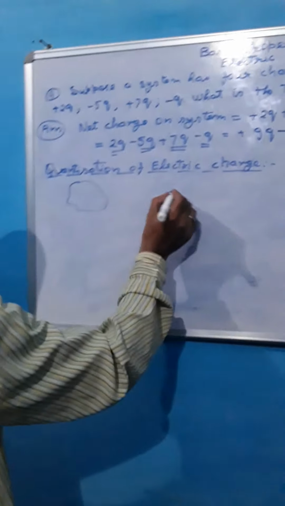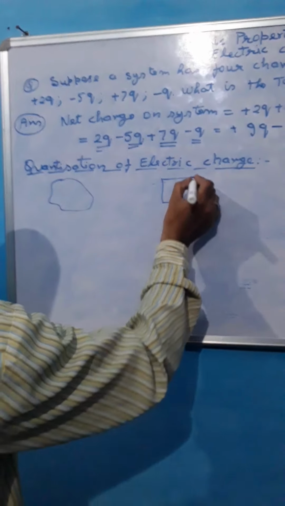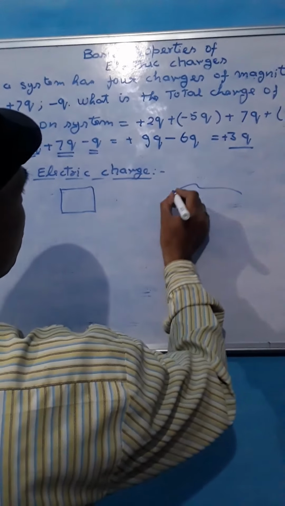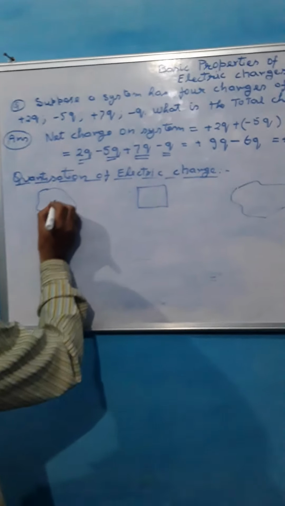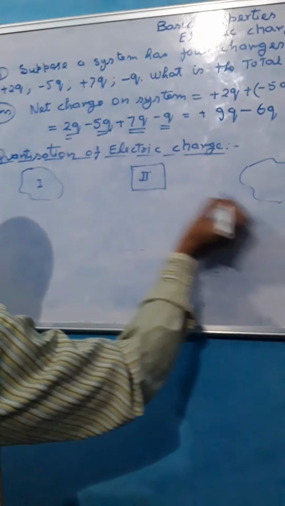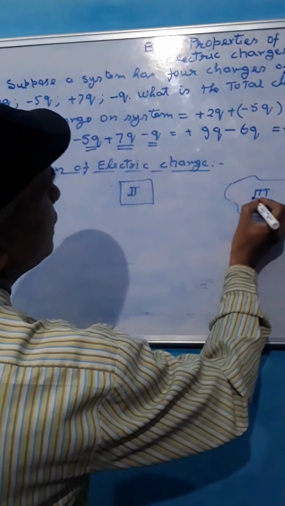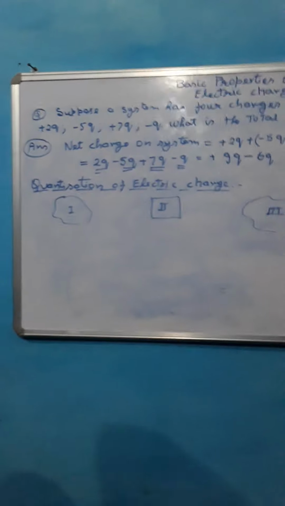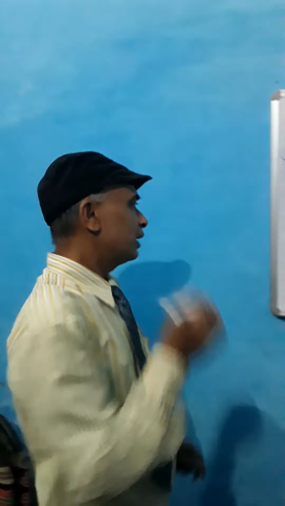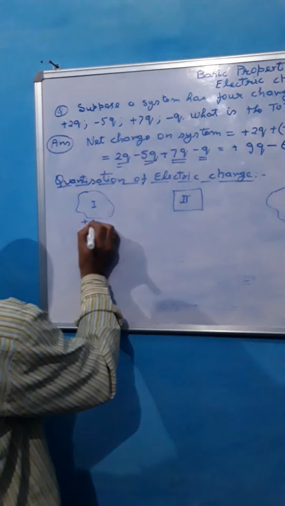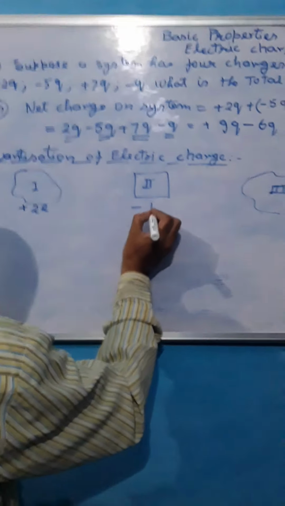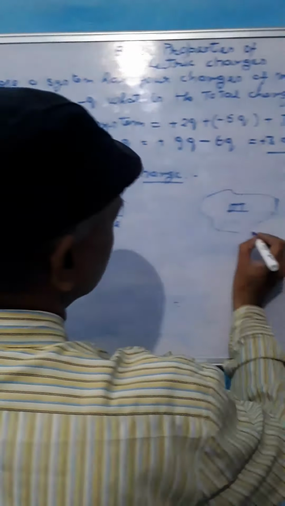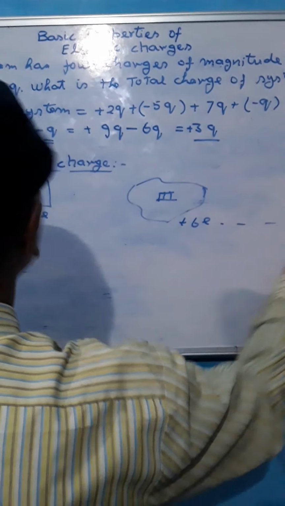Suppose this is A, this is B, and this one is any object C. Suppose this is body number first, this is body number second, this is body number third. These all bodies are charged. If I measure the electric charge on these bodies, then it comes out to be plus 2e, minus 4e, plus 6e.